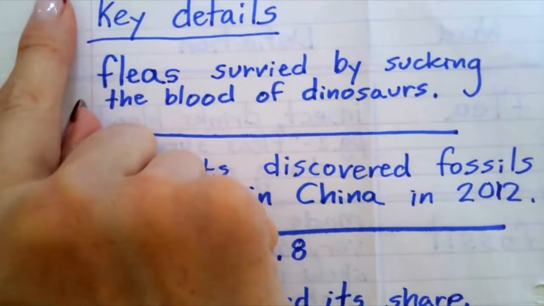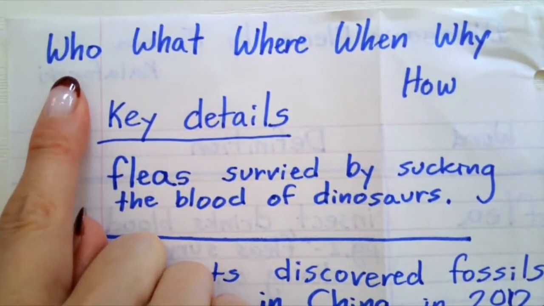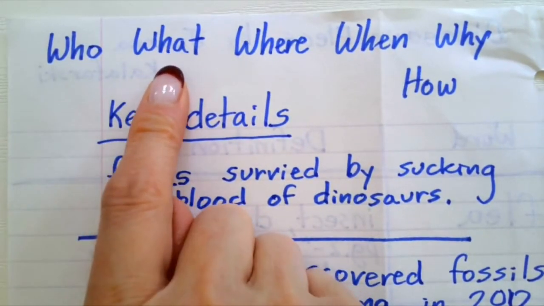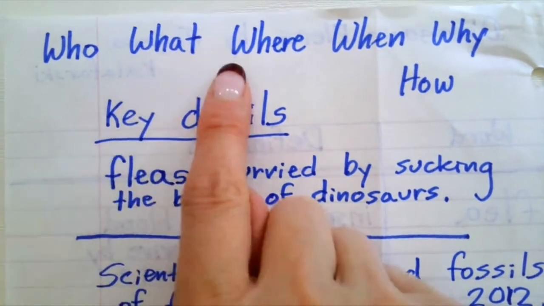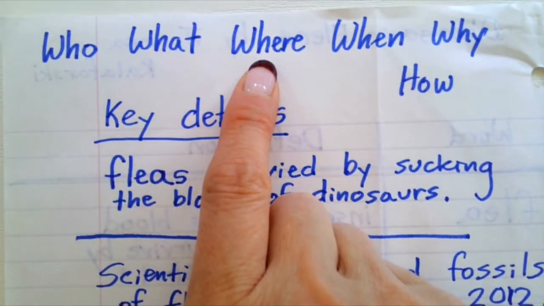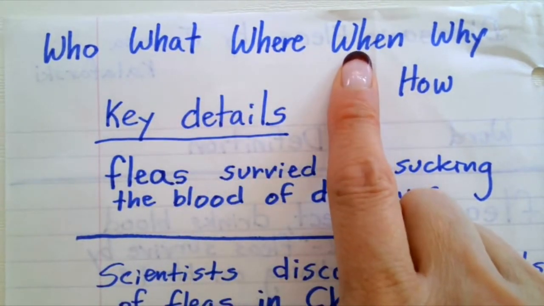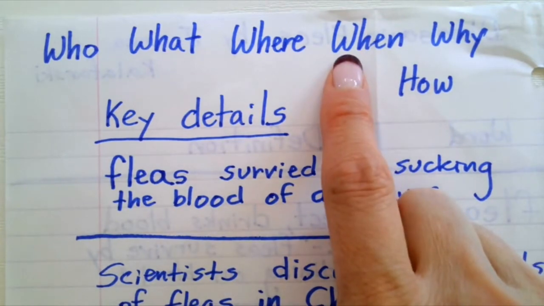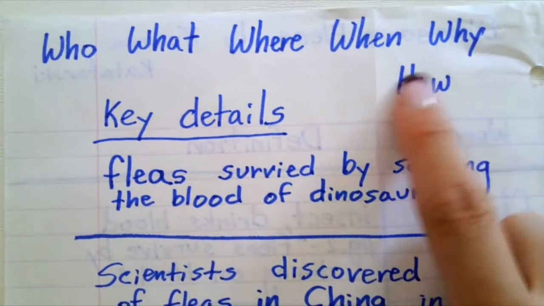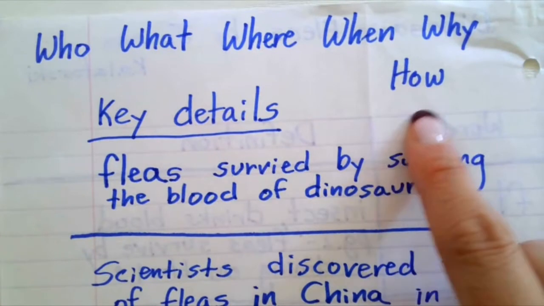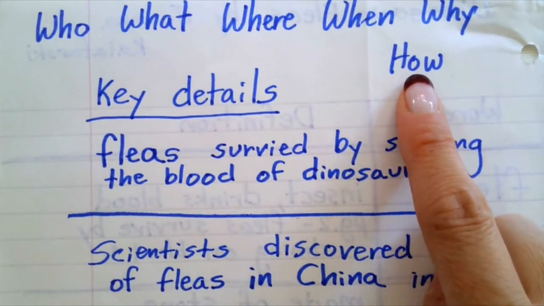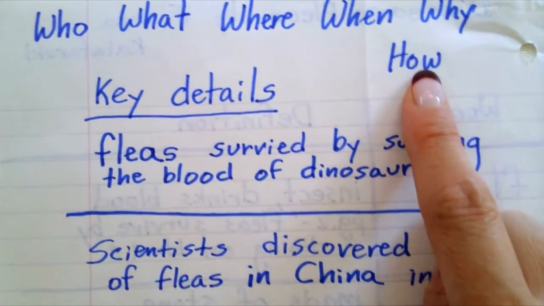So we know who discovered the fleas, what they discovered that helped them, the fossils, where they found the fossils, when the fleas lived, and also when they found the fossils. And also we discovered how the fleas survived by sucking blood from the dinosaurs.